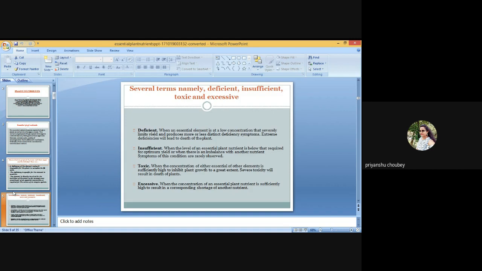Classification of nutrients as mobile and immobile: interestingly, nitrogen is both mobile as nitrate and immobile as ammonium in soil.